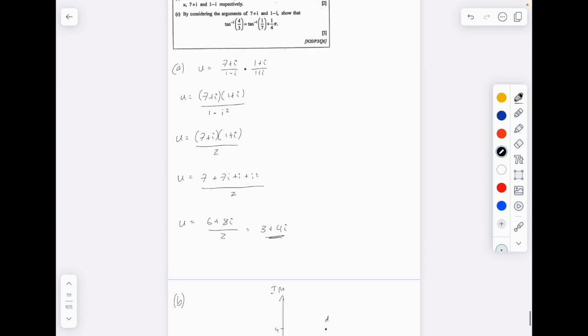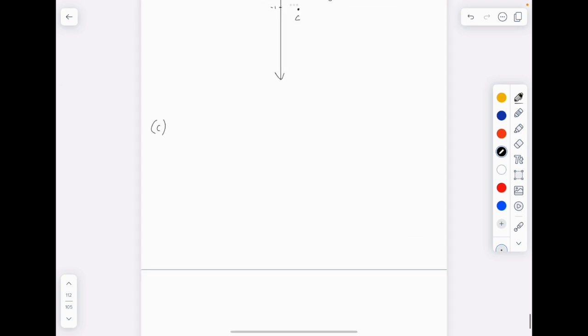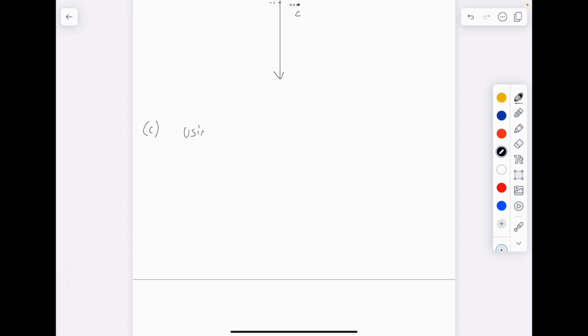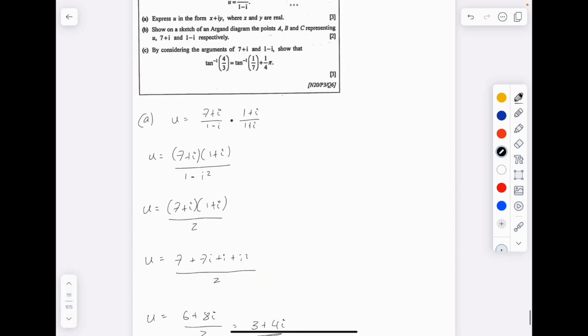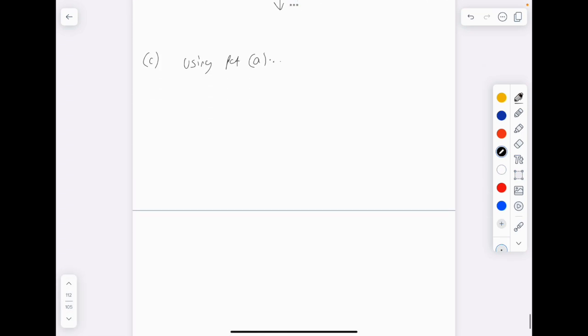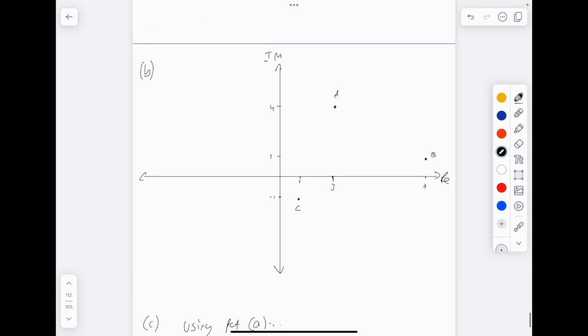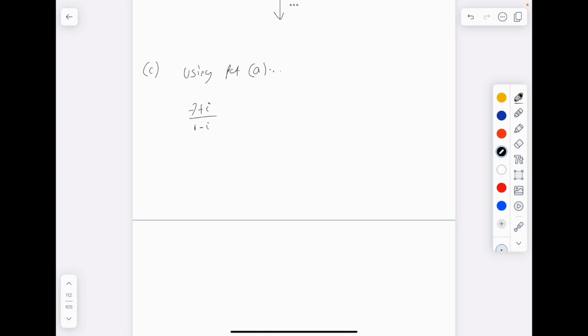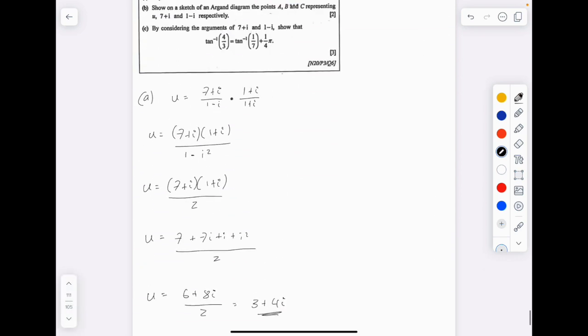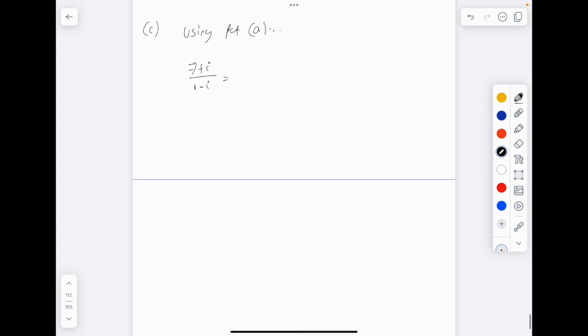So what we found in part A was that 7 plus i over 1 minus i was equal to 3 plus 4i.